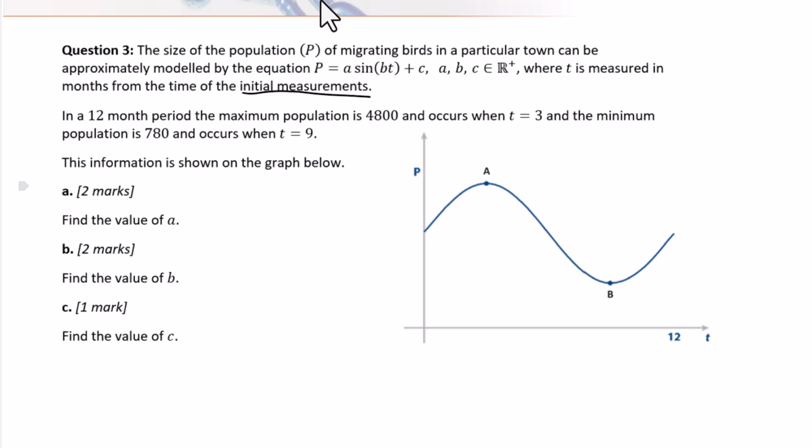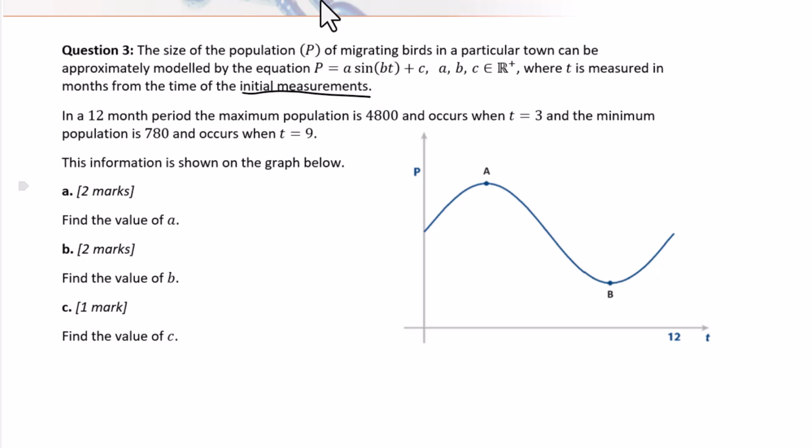In a 12-month period, the maximum population is 4,800 and occurs when t equals 3, and minimum population is 780 and occurs when t equals 9. This information is shown on the graph below.